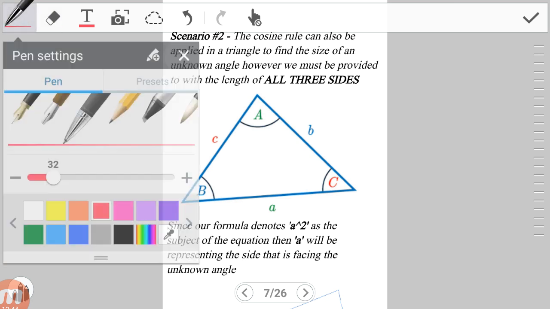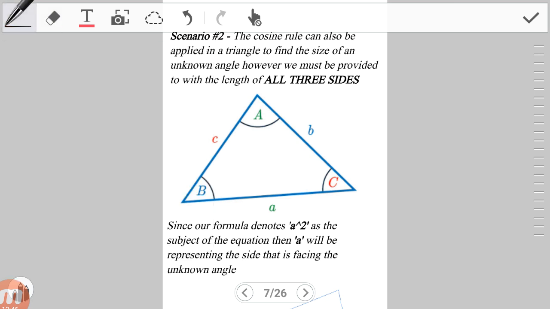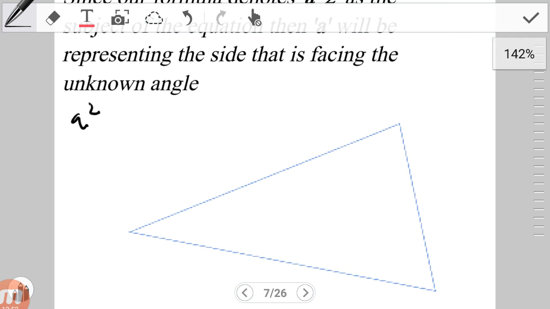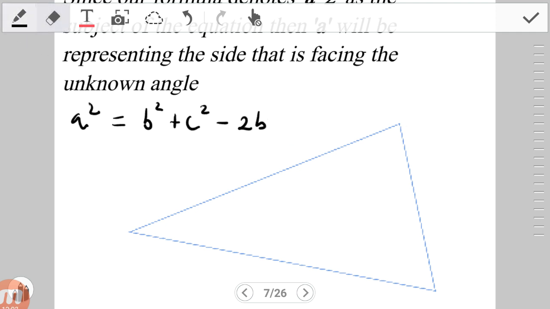Let me zoom this up a little bit, guys. The formula is A squared is equal to B squared plus C squared minus 2BC times the cosine of the angle between B and C.